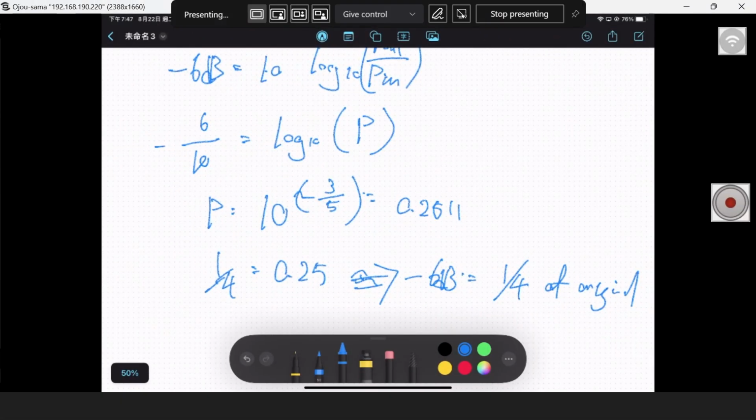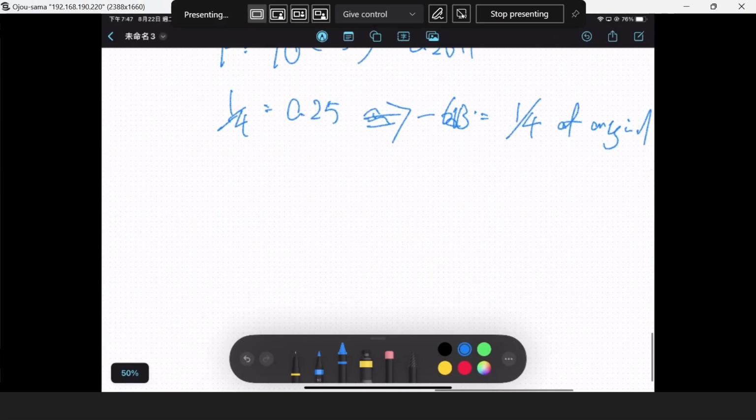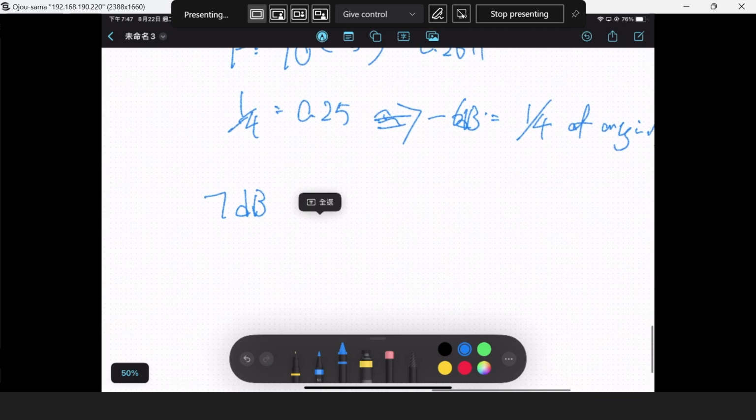Do you know what I'm talking about? If they don't give you the original input, we will say that the original input is 1 watt. The 7 dB watts equals 5 watts.